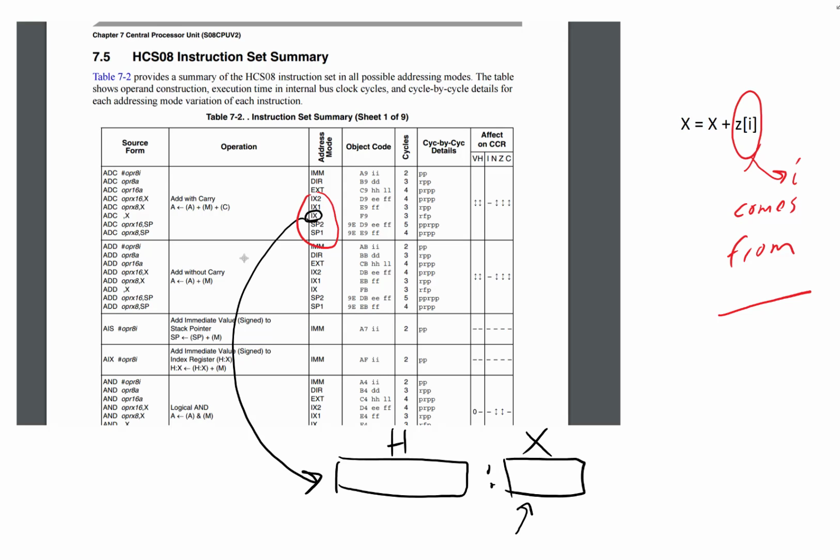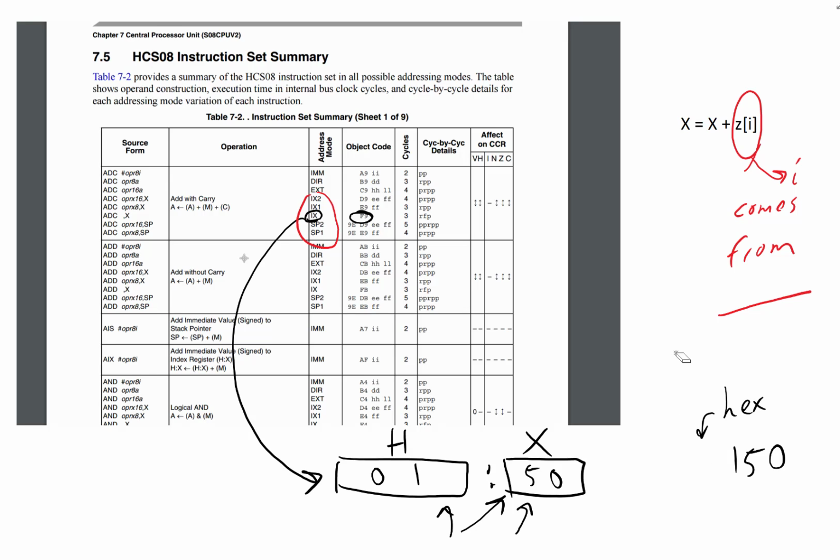For example, if we put in here 0150, and then we were to run an index mode command. That is, let's say, the add with carry index mode, which is object code F9. If we run that command, what it's going to do is look out to the HX register and say, okay, the HX pair is telling me that I'm looking at hex 0150, where this is by the way in assembly, that's how you write hex.